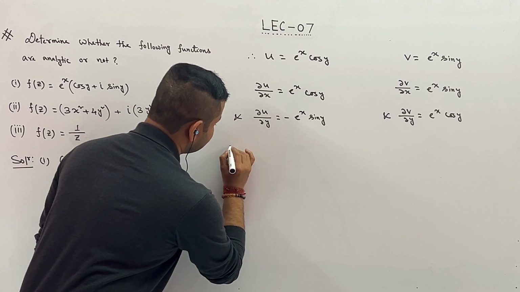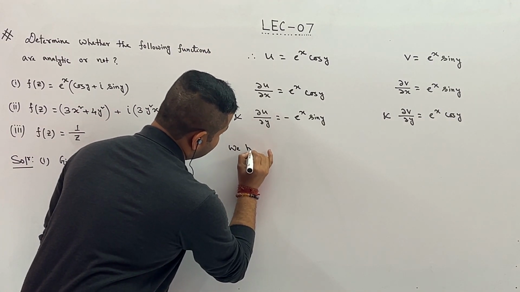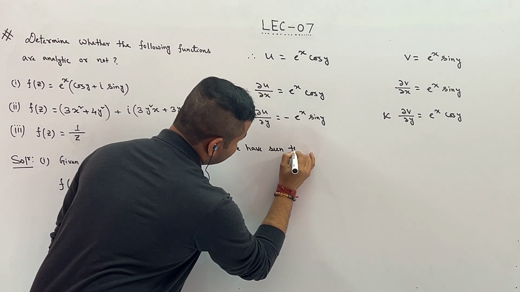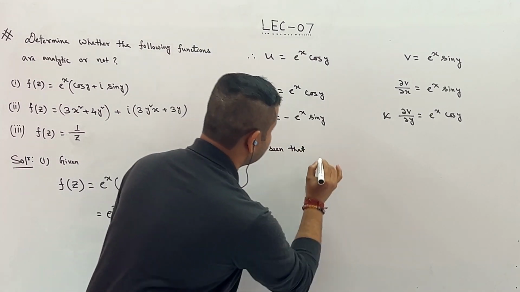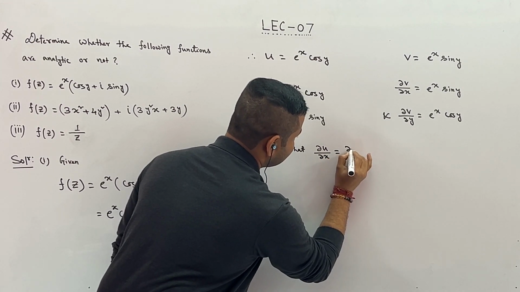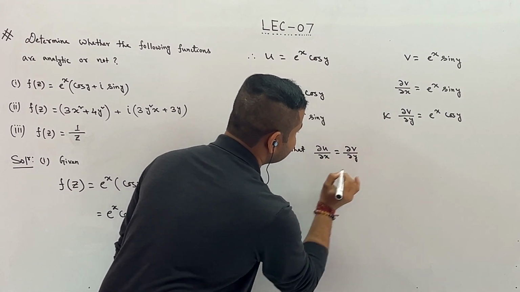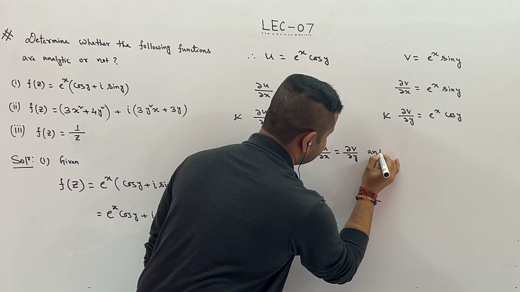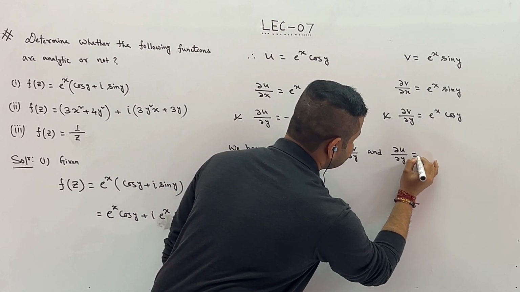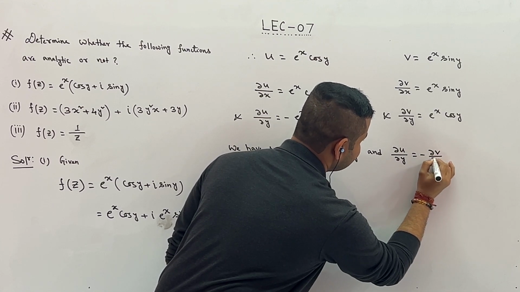We have seen that del u by del x is equal to del v by del y, and del u by del y is equal to minus del v by del x.